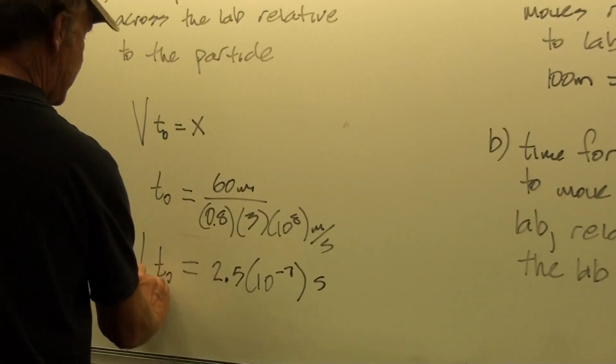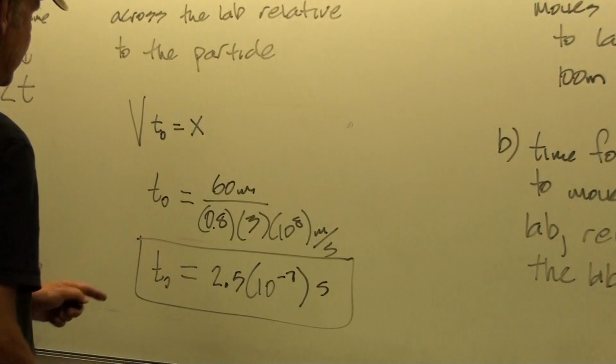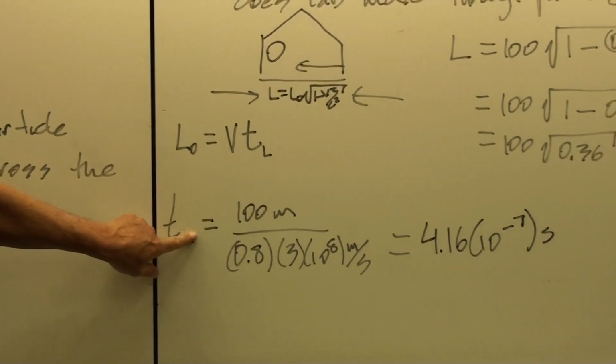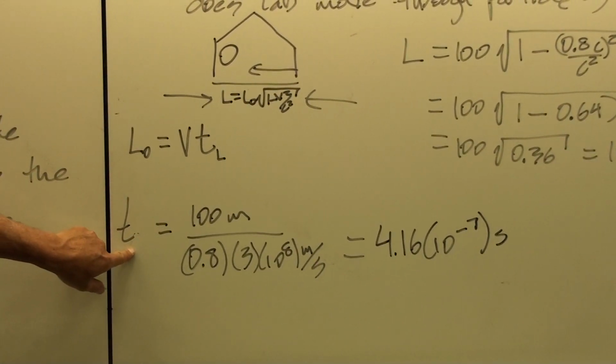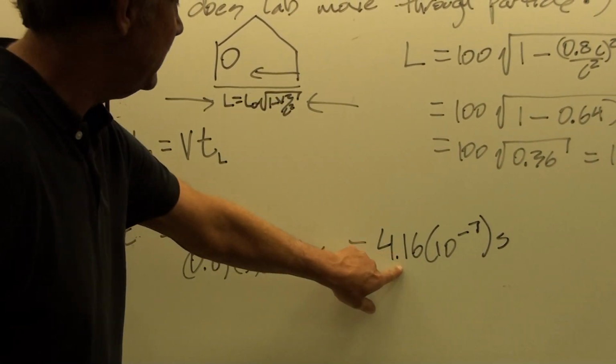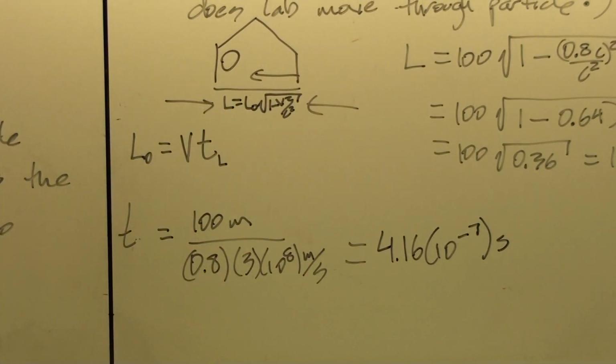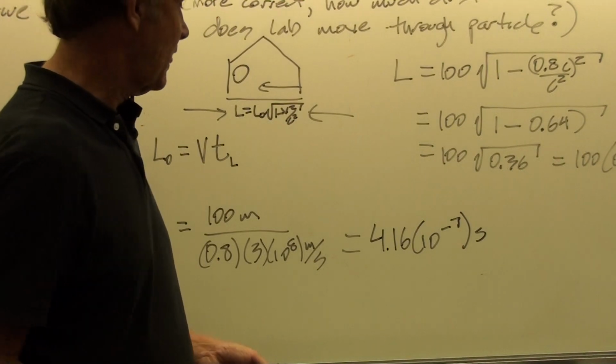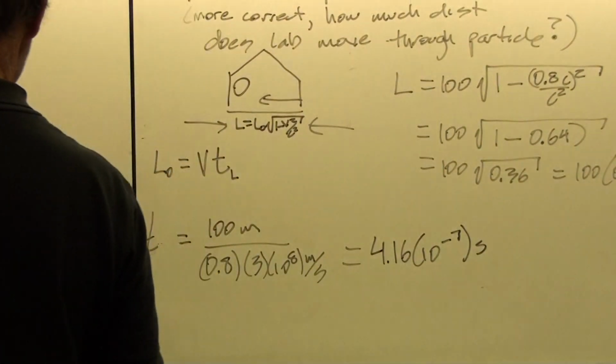Okay, so if we compare T naught, that's the time that elapses on the particle's clock, to T, which is the time that elapses on the lab's clock, we see that T on the lab's clock is larger, just as we saw before. And by what factor is it?